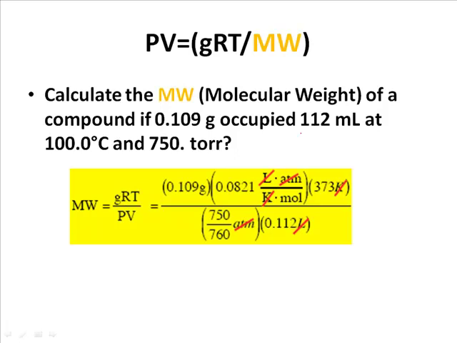When we rearrange our variables, gRT divided by PV equals MW. When we plug this in, remember that our degrees Celsius has to be in Kelvin, our 750 torr has to be in atmospheres, and our 112 milliliters has to be in liters. Plug those values in, and we get 30.2 grams per mole for our gas.